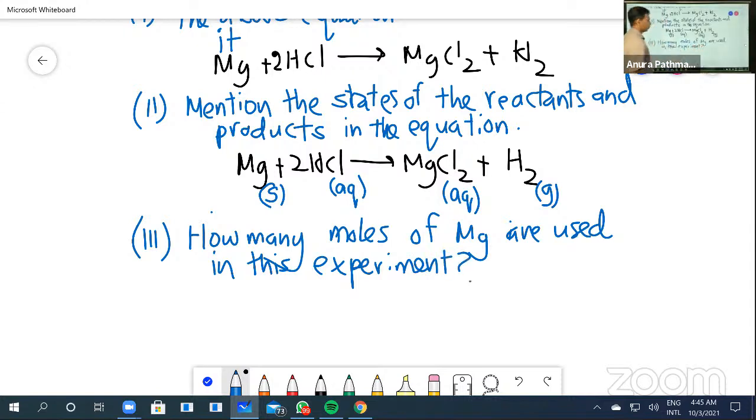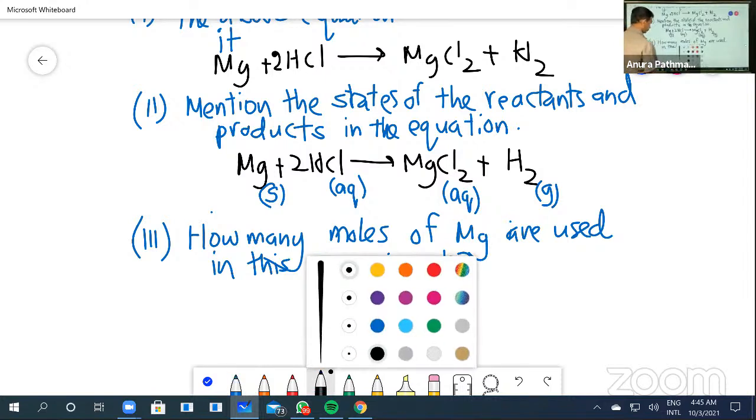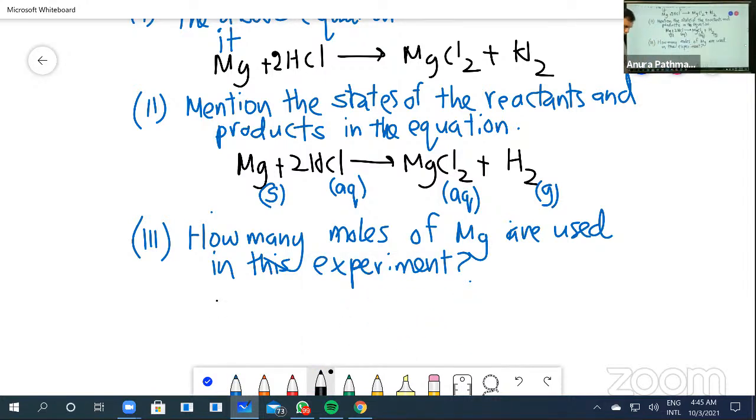How many moles of magnesium are used in this experiment? The answer.